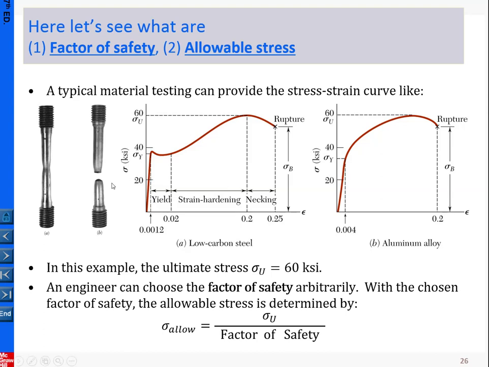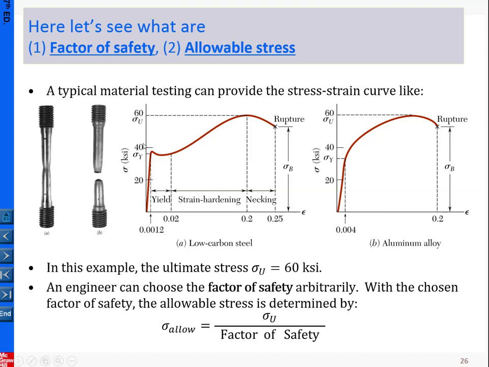Before doing that, let's take a look at the typical material properties, and from there we're going to pick up one important term. It's called the ultimate stress, sigma U. Sigma U, ultimate stress, is a very important material property.